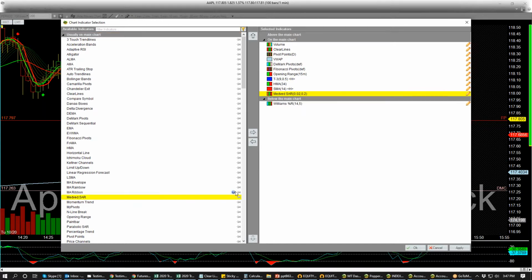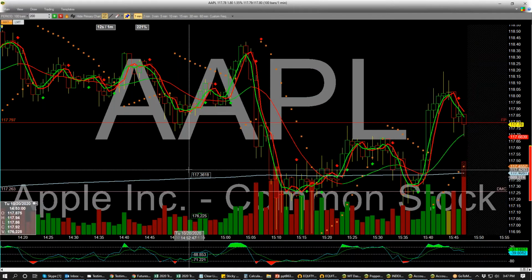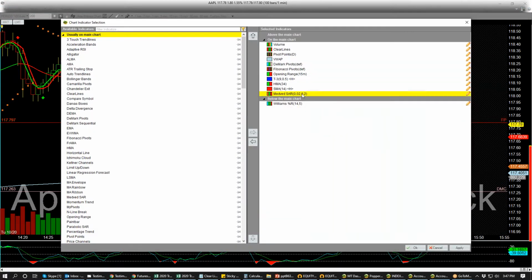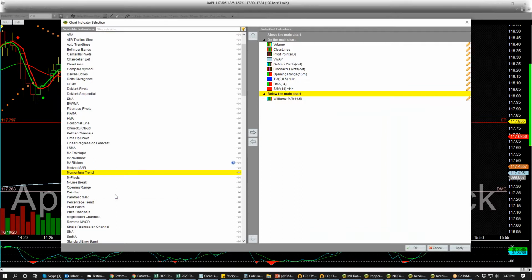There's also a MedVed SAR, like a parabolic. I guess they have their own MedVed version of it. Again, I kind of lost interest in using parabolic stop and reverse.